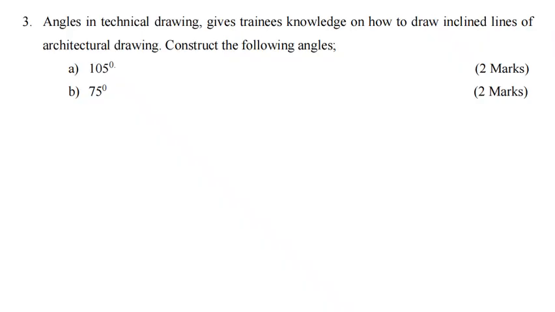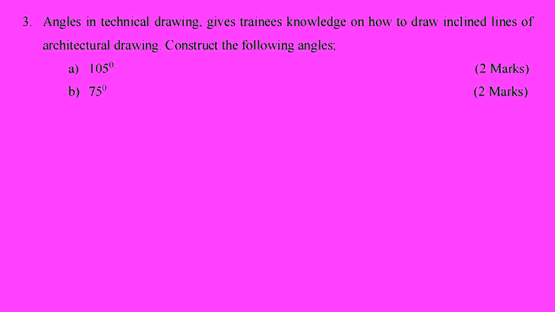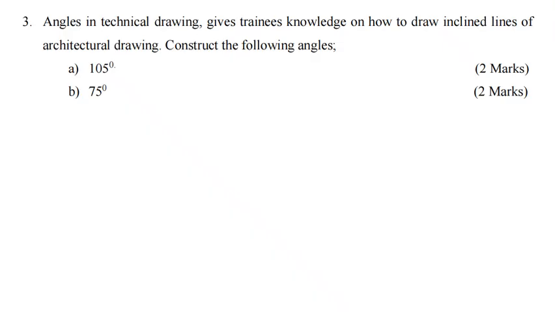Like here, we can see that this is a combined angle of 90 plus 15, giving us 105. And this one is 60 plus 15. So you draw an angle of 60 using a pair of compass, and then on top of that 60, you add an angle of 15. And in the first case here, you draw an angle of 90 degrees using your pair of compass, and then you add an angle of 15.